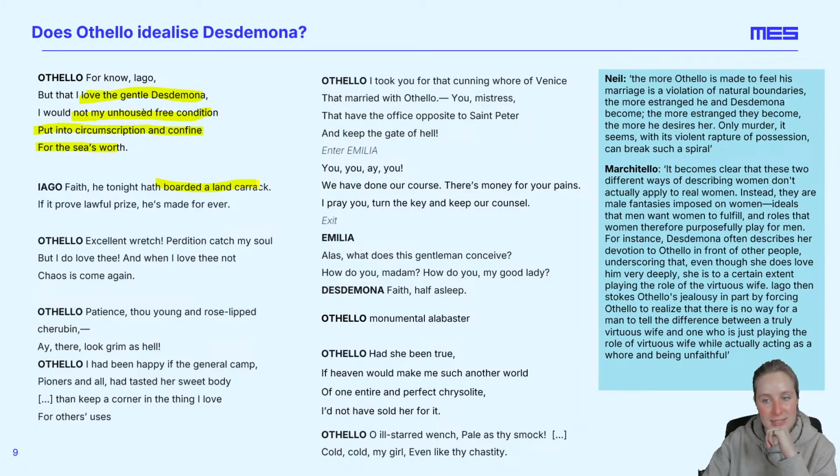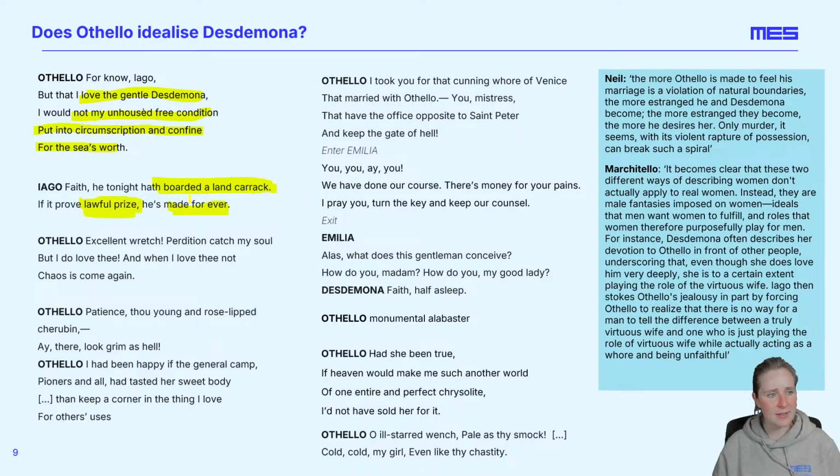Tonight he has essentially taken over a merchant ship. And if it is a lawful prize, if he's able to get away with it legally, he's made forever. So essentially, similarly to the way he speaks about her with Rodrigo, says that Othello has taken on this great ship, and if he gets away with it, he's made his fortune. He's made.